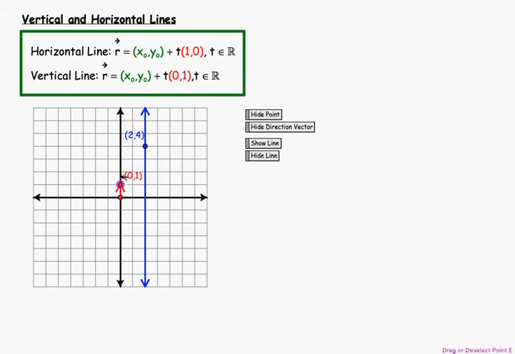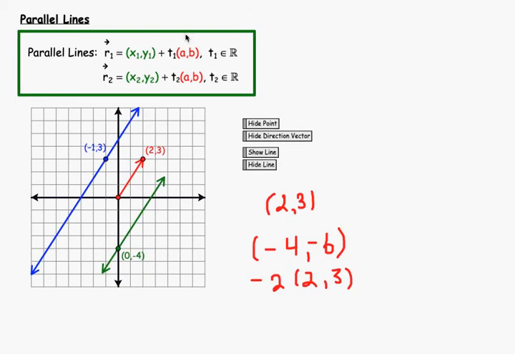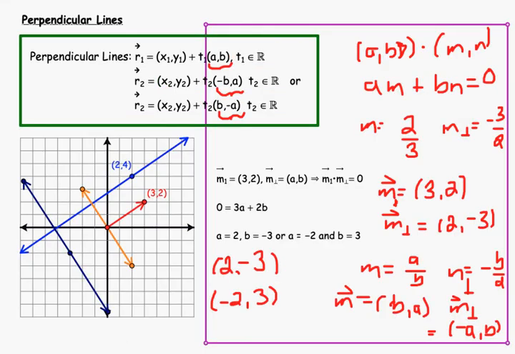In vector form, we simply need our direction vector to be the j vector or the y-axis vector. And then we learned that if lines are parallel, then we're not going to check to see that they have the same slope. What we're going to do is see if we can write their direction vectors as scalar multiples of each other. Then they'll be parallel.